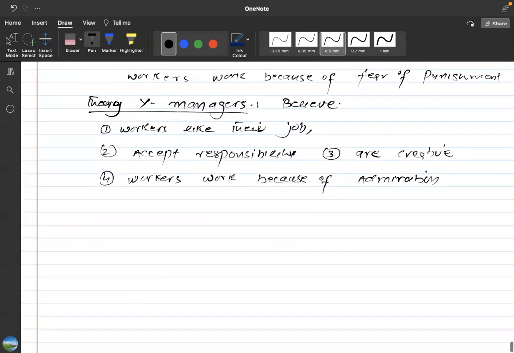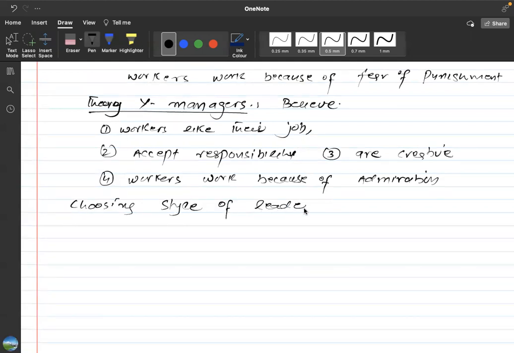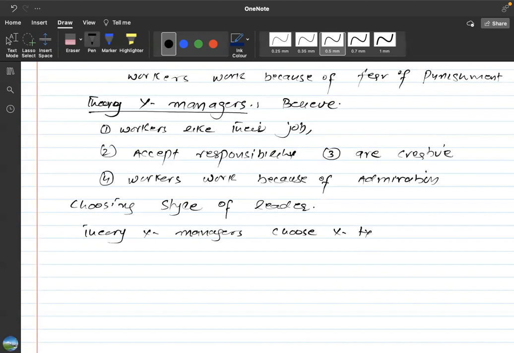Now, coming to the choosing of the style of leadership, this theory plays an important role. If a manager is of X type, a Theory X manager, he will always use the autocratic style of leadership because he believes that workers are not good enough, workers are not competent enough.